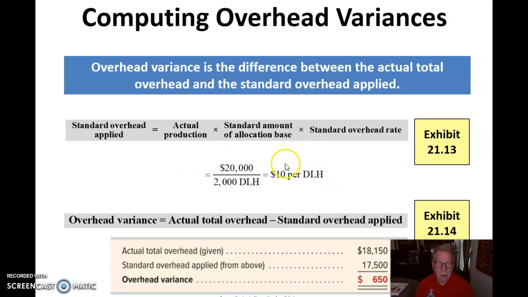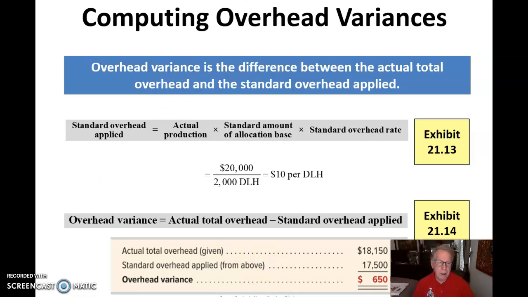So that means we're going to apply $10 of overhead per direct labor hour. Our actual total overhead, which is given in the problem, is 18,150. Our standard is going to be 17,500, and we're therefore going to calculate an overhead variance of 650 unfavorable.